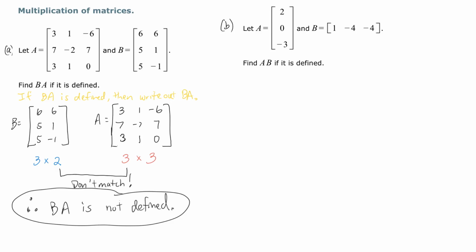Why don't we look at AB though? Now I'm going to look at AB for example A. So I'm going to take this here and let's see if A times B is defined. So if you look at that, you first have a 3 by 3 and then we have a 3 by 2.